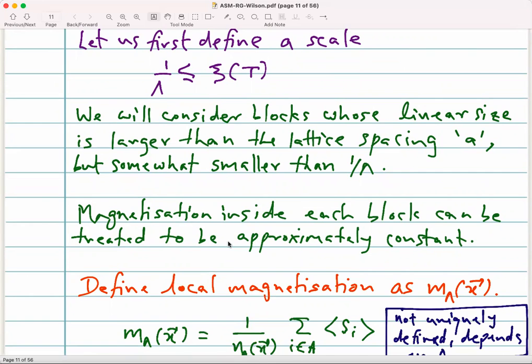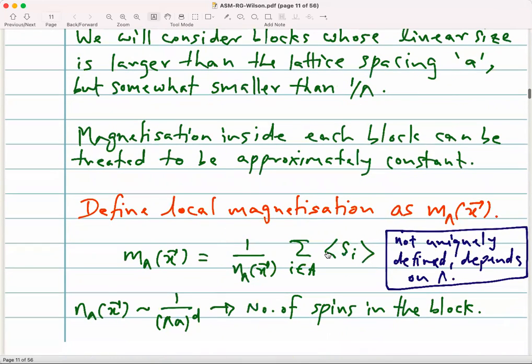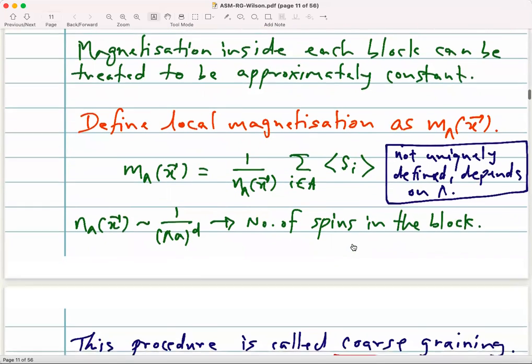And if you do that, then you can define the local magnetization by just summing over the spins within that block, where n lambda is the total number of spins within the block. Now, this definition is a bit sloppy in the sense that it depends upon how you define the block, how you define lambda, and so on, particularly in the Landau-Ginzburg model.